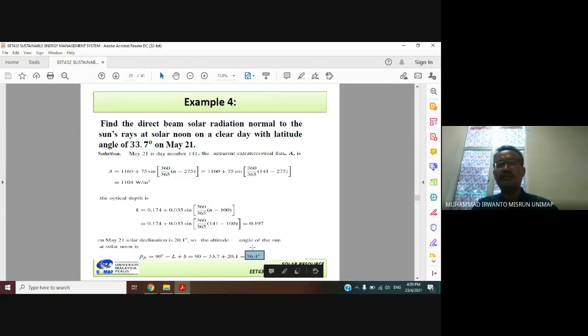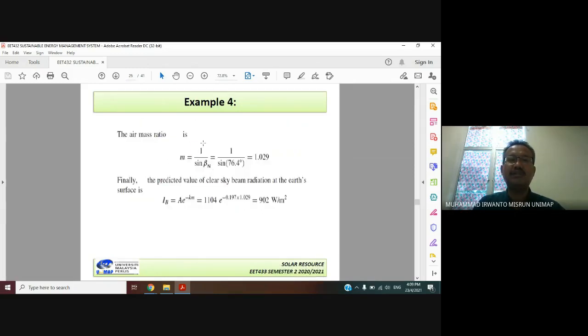The air mass ratio M equals 1 over sine of 76.4, which is 1.0229.